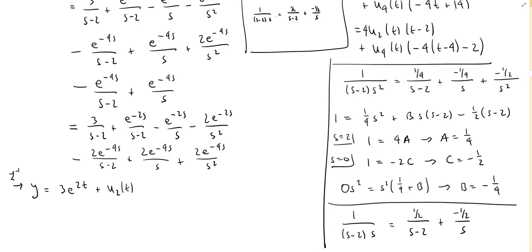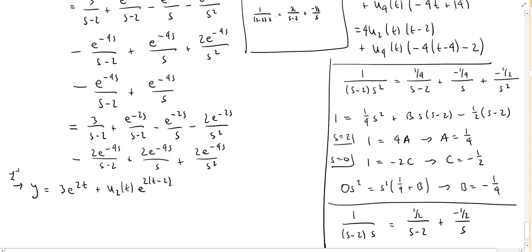Now, what we really want is to recognize 1 over s minus 2 is the Laplace of e to the 2t. So by the second shifting theorem, we take e to the 2t and replace the t by t minus the shift. The shift here is 2.